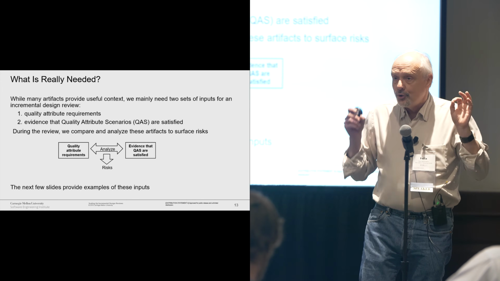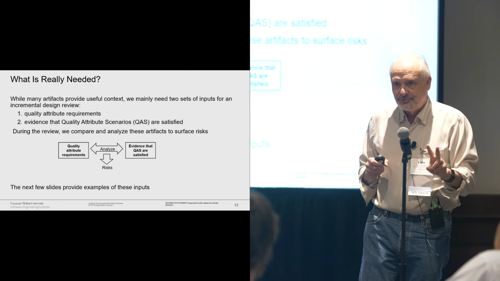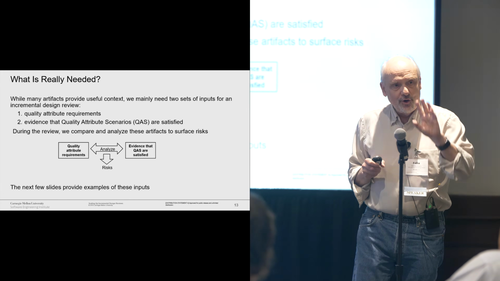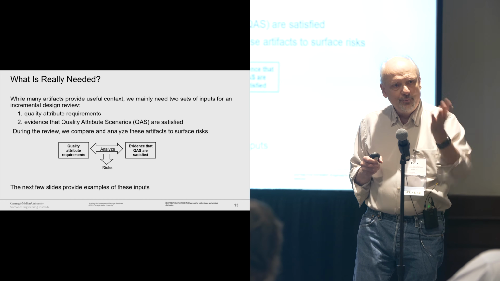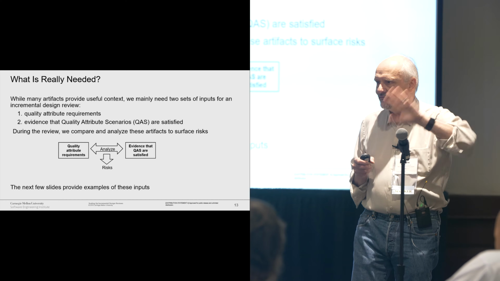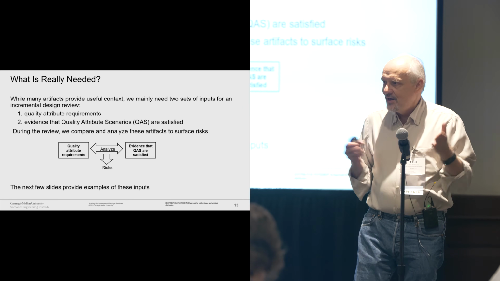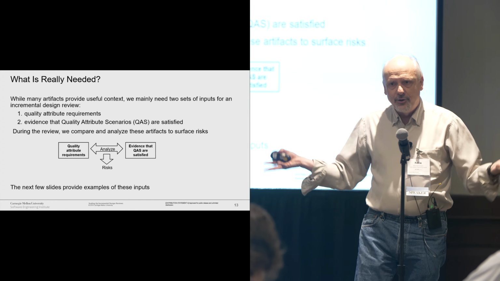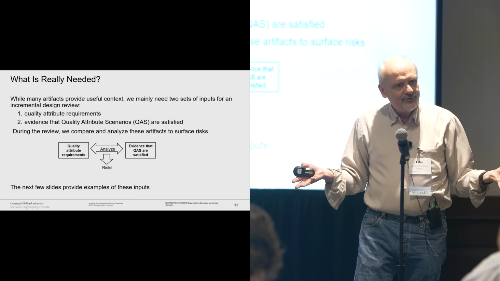But to do a design review, you need to have two things. Because you want to determine something like good or bad. If you want to determine good or bad, you have to have a yardstick that you measure against. Without a yardstick, if you look at a design, you can only say, well, it's a design. You have no idea if it's good or bad.